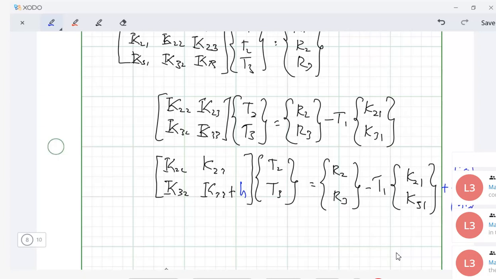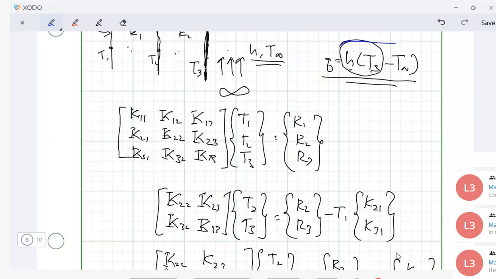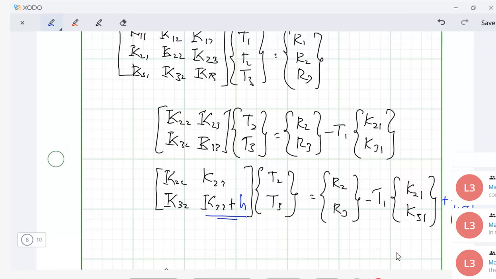This is equivalent to HT3 on the left-hand side minus HT infinity on the right-hand side. Okay, so this is what we get.